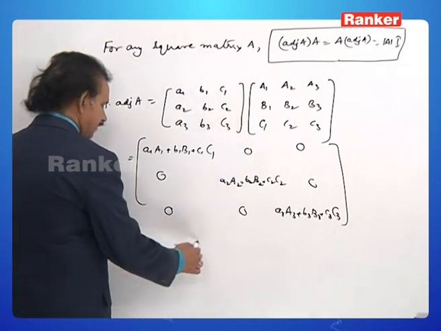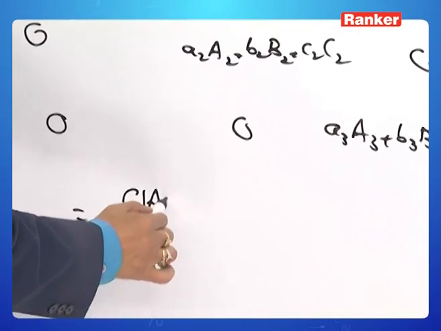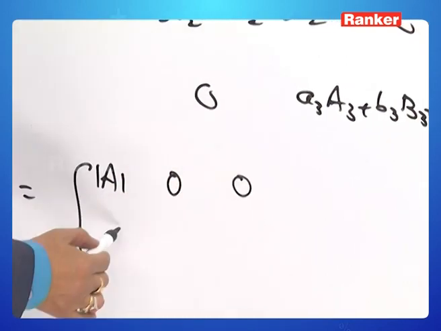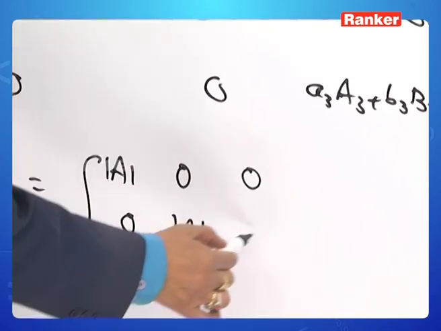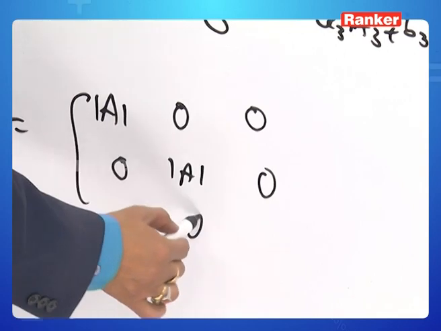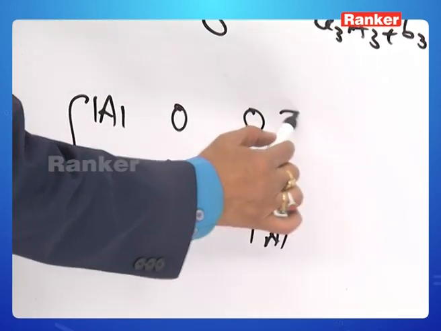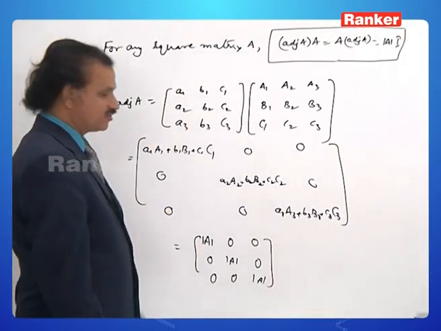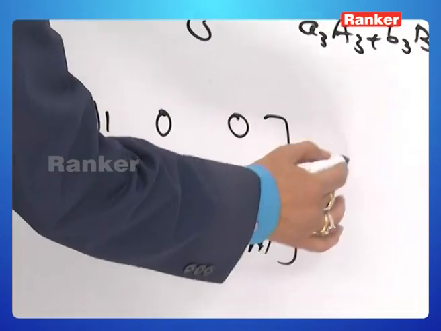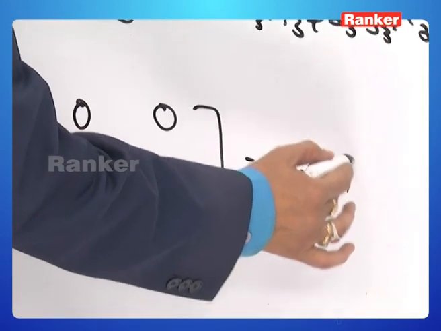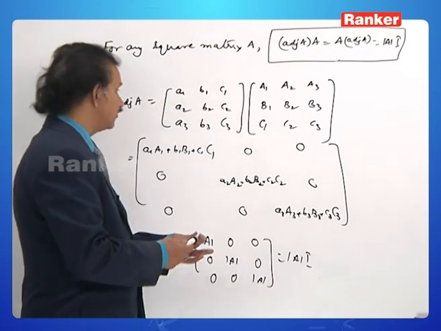Hence it is det A 0 0, 0 det A 0, 0 0 det A. Now we can take det A as a common factor from this matrix, and it can be written as det A into I.